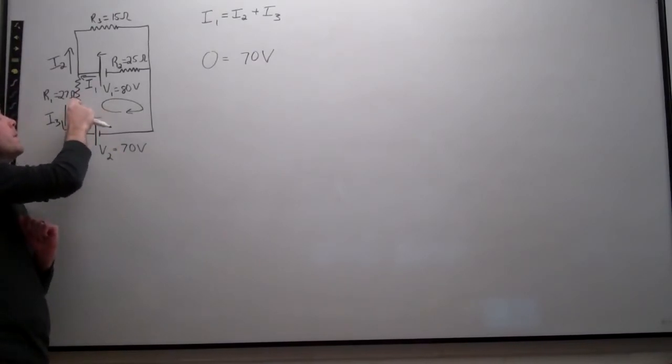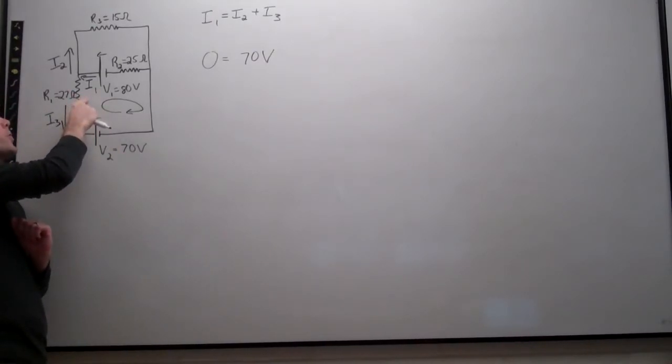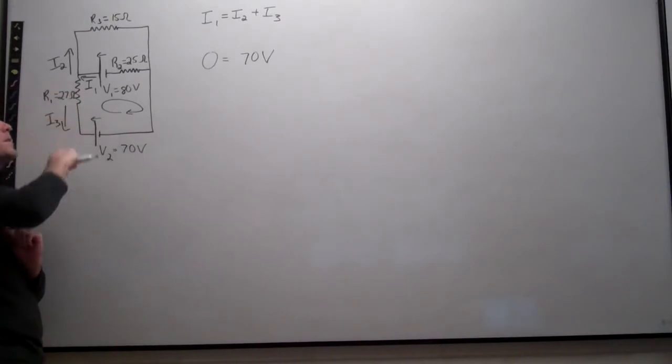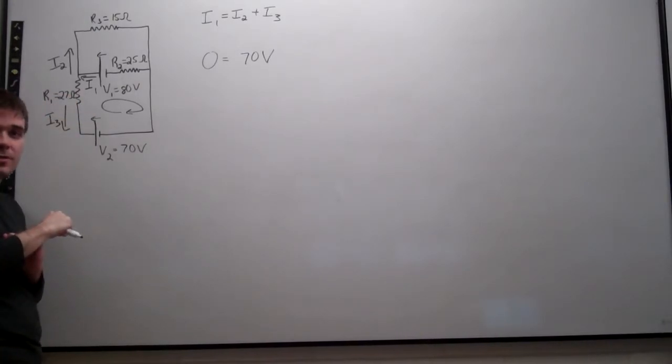Now, this right here, what current's going through R1? I1, I2, or I3? I3. So, is I3 pointing in the same direction or the opposite direction of the loop we drew? Opposite direction. For resistors, if the current and the loop are in opposite directions, they're positive.